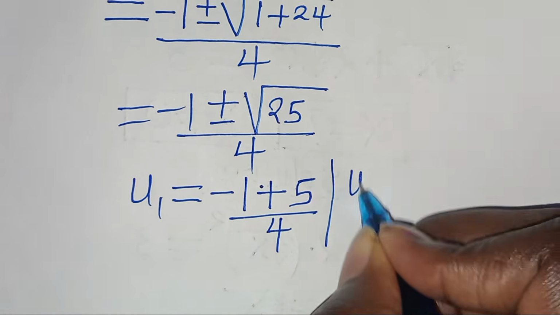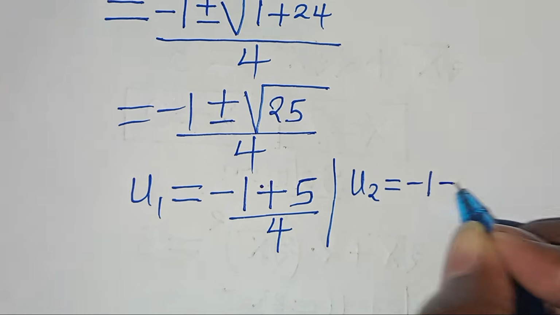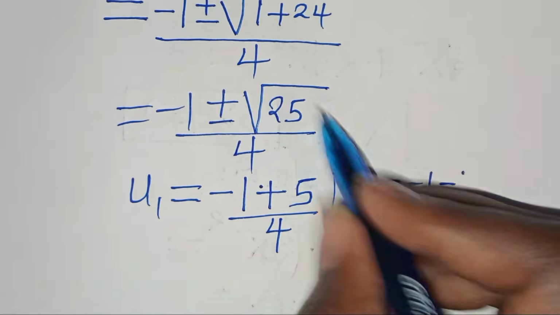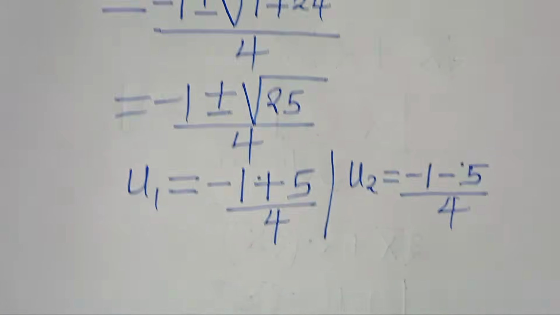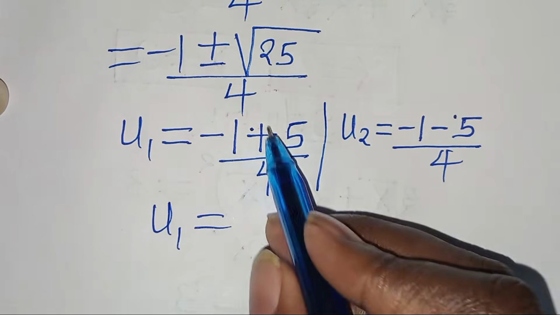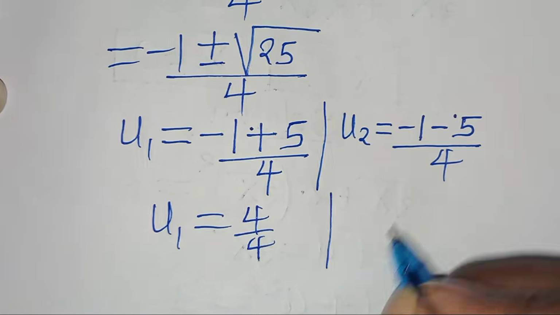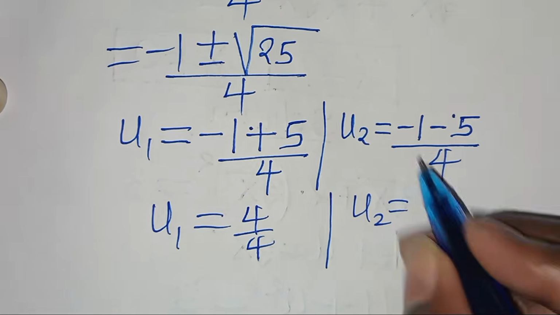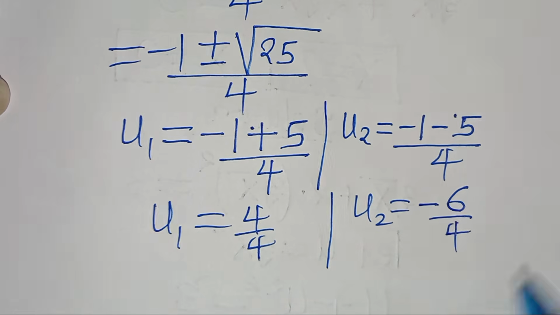And we have that u2 is equal to minus 1 subtract the square root of 25, which is 5, divided by 4. So u1 is equal to minus 1 plus 5, which is 4 over 4, and u2 is minus 1 minus 5, which is minus 6 over 4.